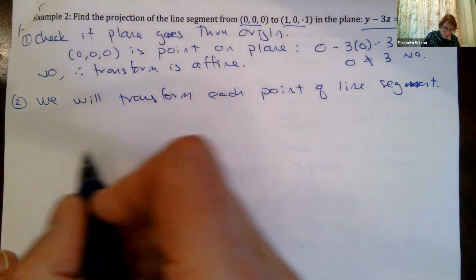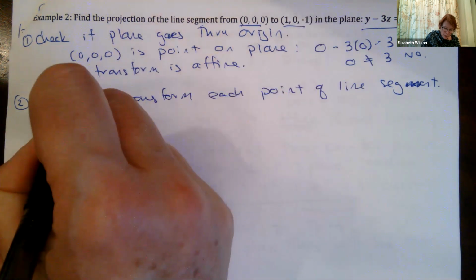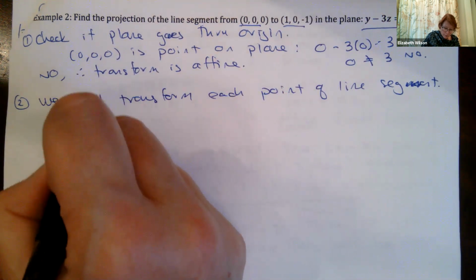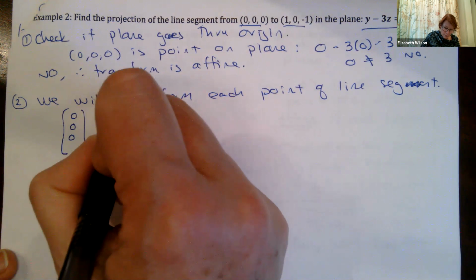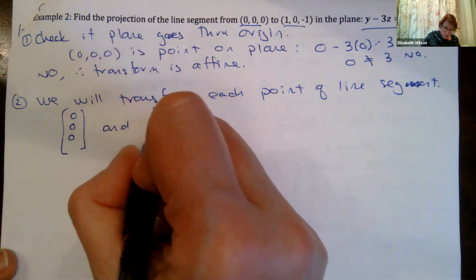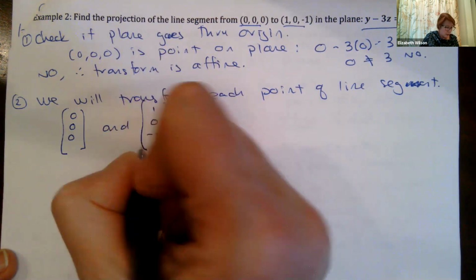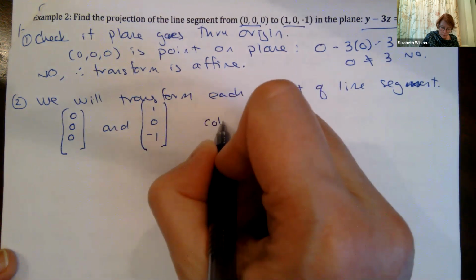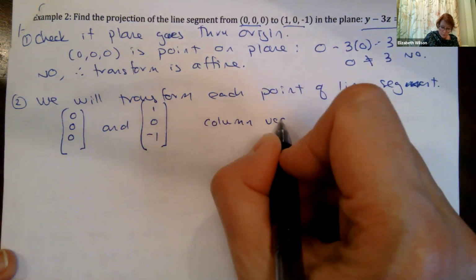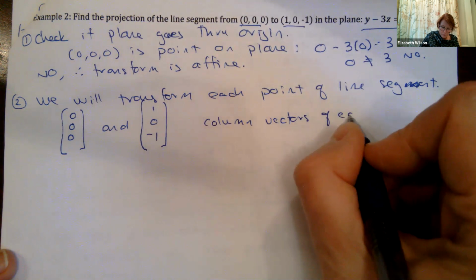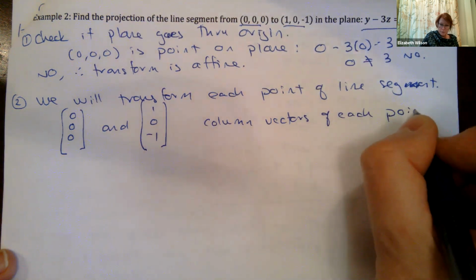Which means I'm going to take 0, 0, 0, and write it as a column vector. And remember 1, 0, minus 1 as a column vector, of each point.